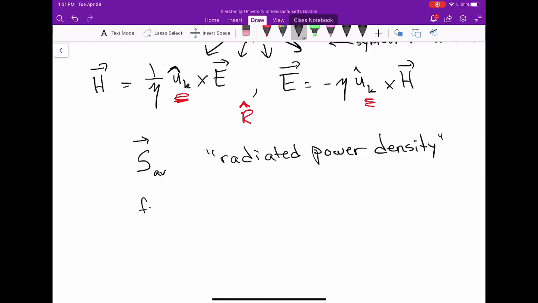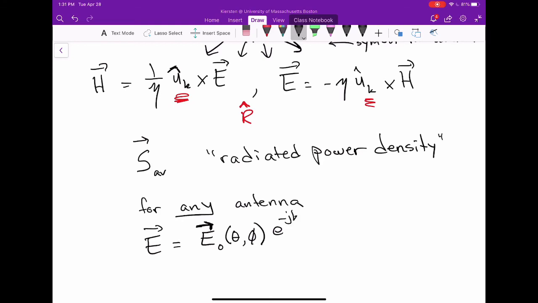For any antenna, the electric field can be written like this: some function of angle that captures the phase information, the amplitude information, and the vector direction of the field, times e to the minus j k r over r.